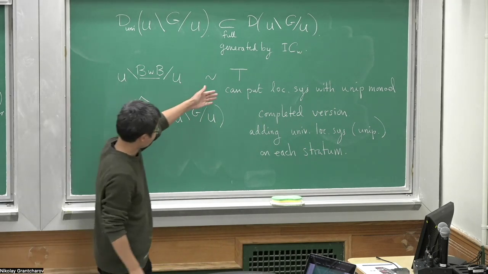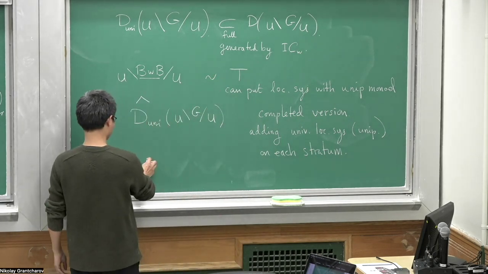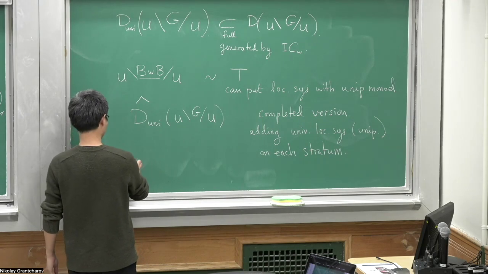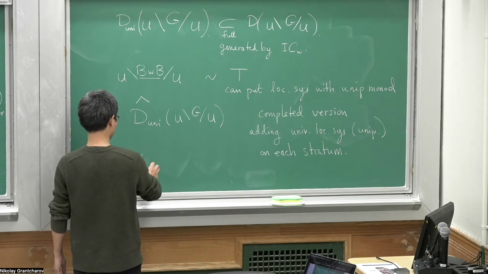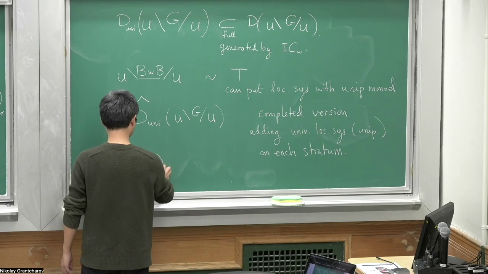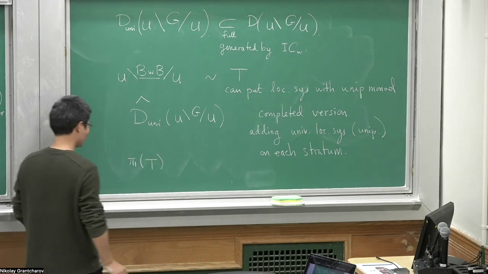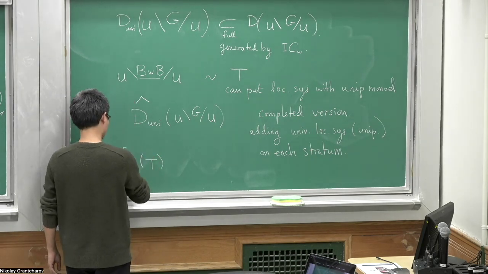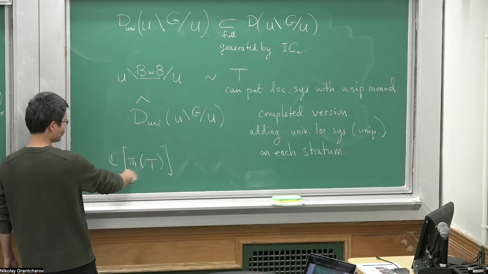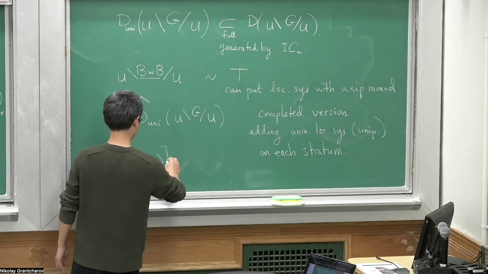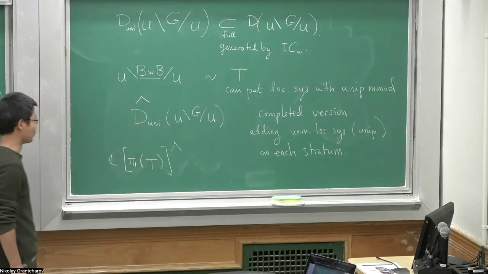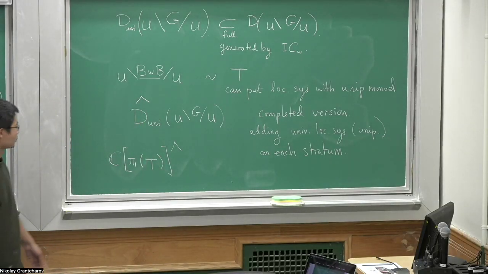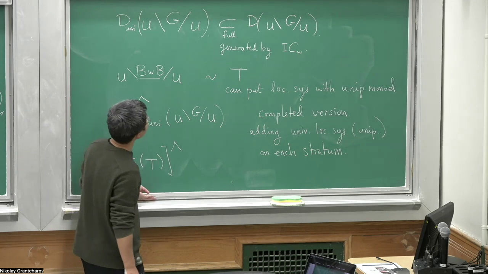So the T itself, it's a universal local system. Its stalk is a representation of I_1. The universal one is the group ring of I_1 completed at the augmentation ideal, which becomes a power series ring.